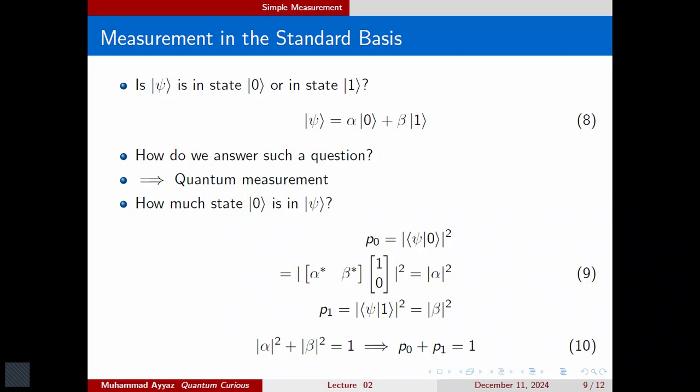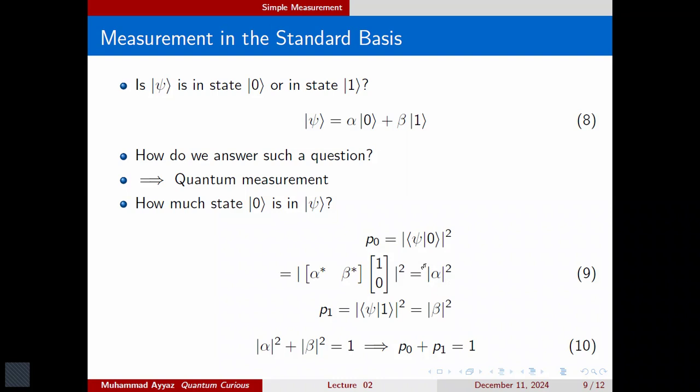So we want to know how much state 0 is in state psi. It could be obtained by the inner product of state 0 with state psi, and taking the modulus square of the complex amplitude associated with the state vector 0.